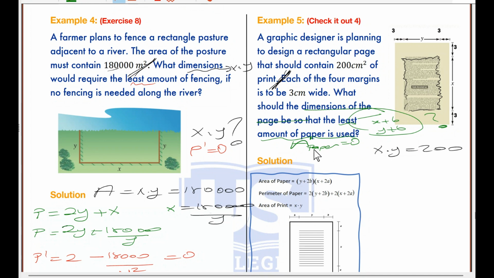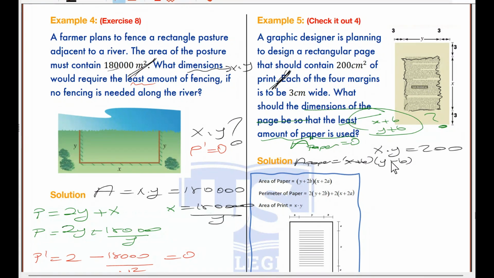So what is the area of the paper? Area of the paper is y plus the margins times x plus the margins. In this question, area of paper is x plus 6 times y plus 6. So that's what we are looking for.